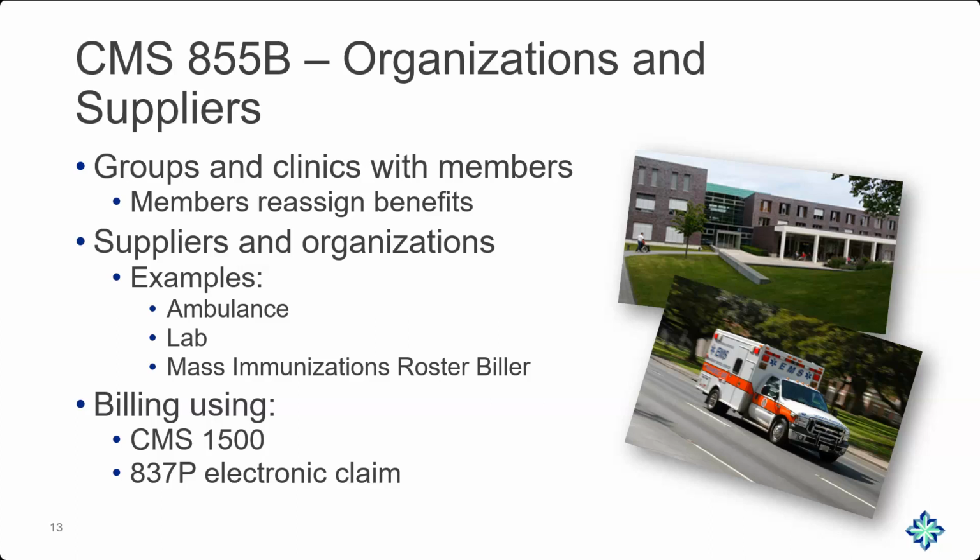For instance, ambulance is a real good example of that. Medicare doesn't enroll paramedics or EMTs. They pay based on the ambulance service itself and not what the individual providers did. So they would submit an 855B, but they would not reassign benefits. With a reassignment, the individual is billing for performing the services, but we're paying their employer, we're not paying them directly. Again, this is going to be for those providers that are billing using that 1500 and that 837P.